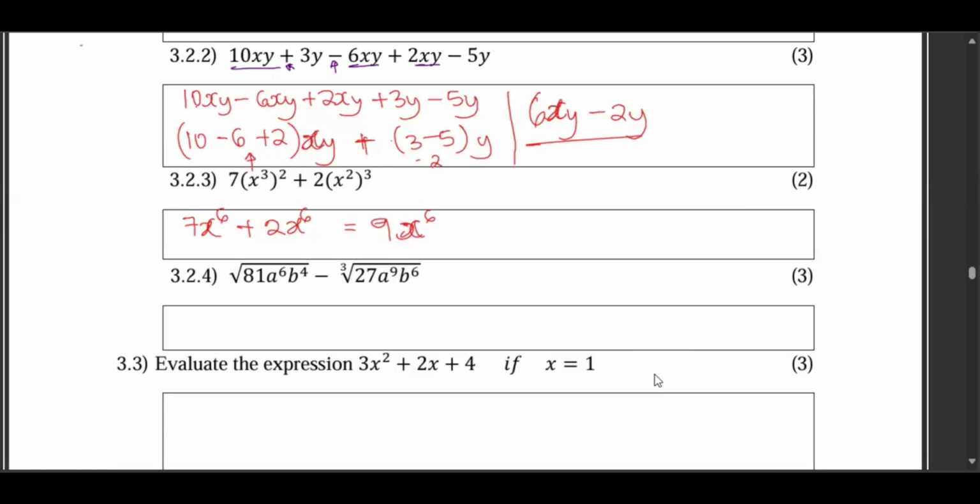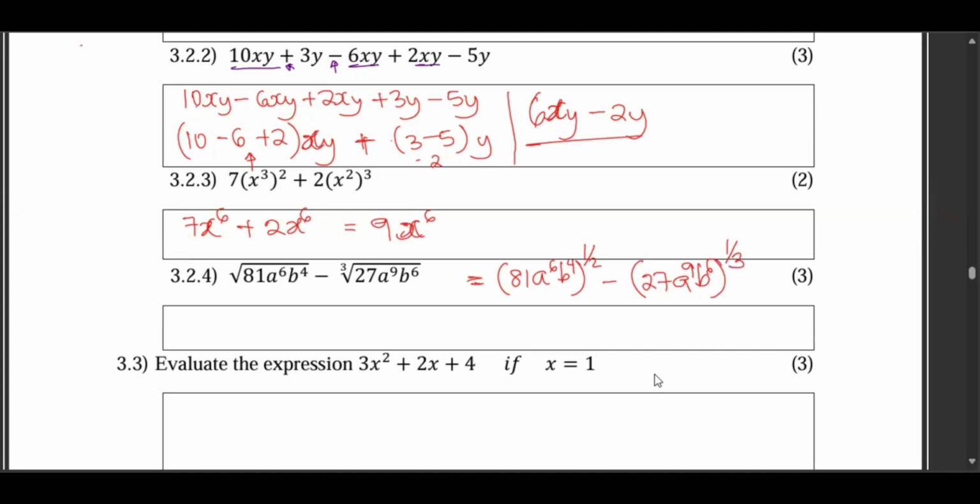This is the same as having the square root as a half, then the cube root is a third. So remember, this is the same as us having, open brackets, 81 a to the power 6 b to the power 4, then to the power half, minus 27 a to the power 9 b to the power 6, to the power a third.